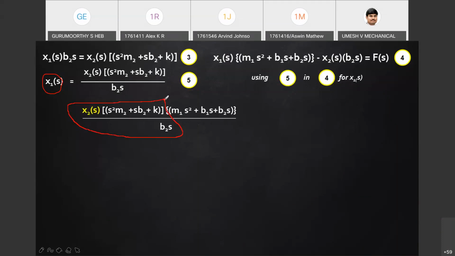Equation 4 gives the remaining term in x2 of s.